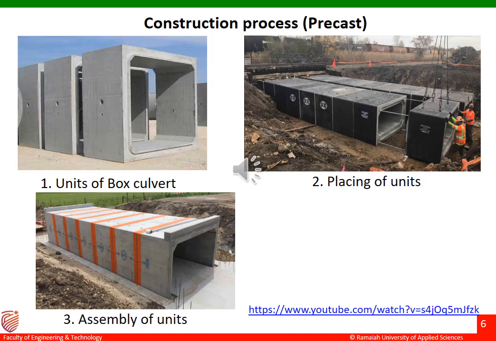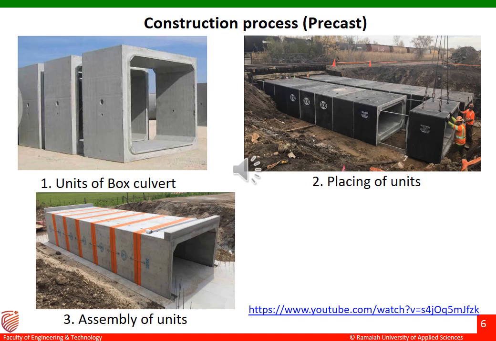If you observe these figures, you might get the question in your mind: instead of having these separate units, why can't you have a single unit for the complete structure?